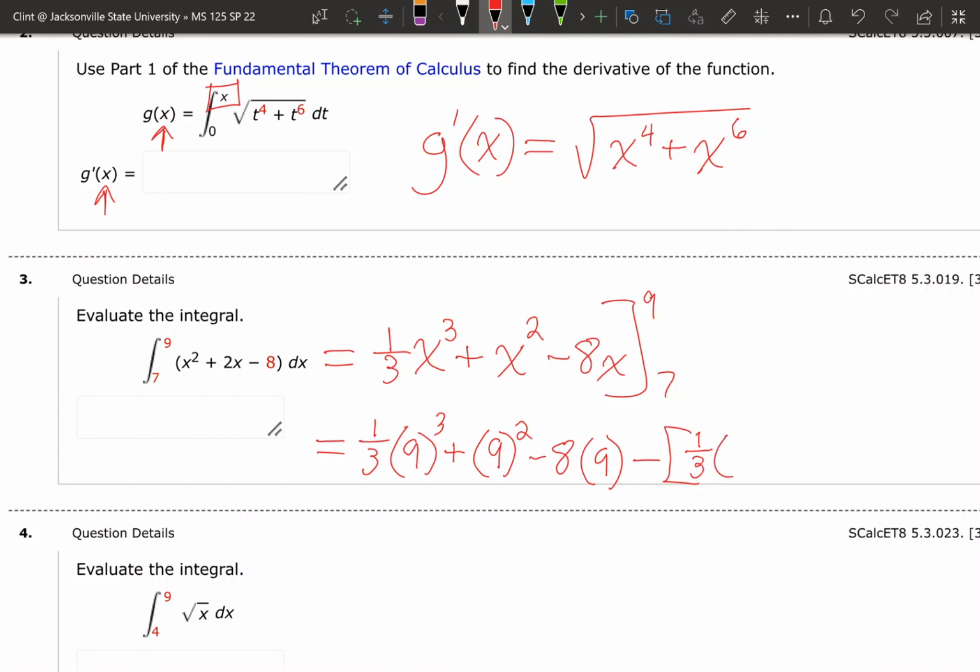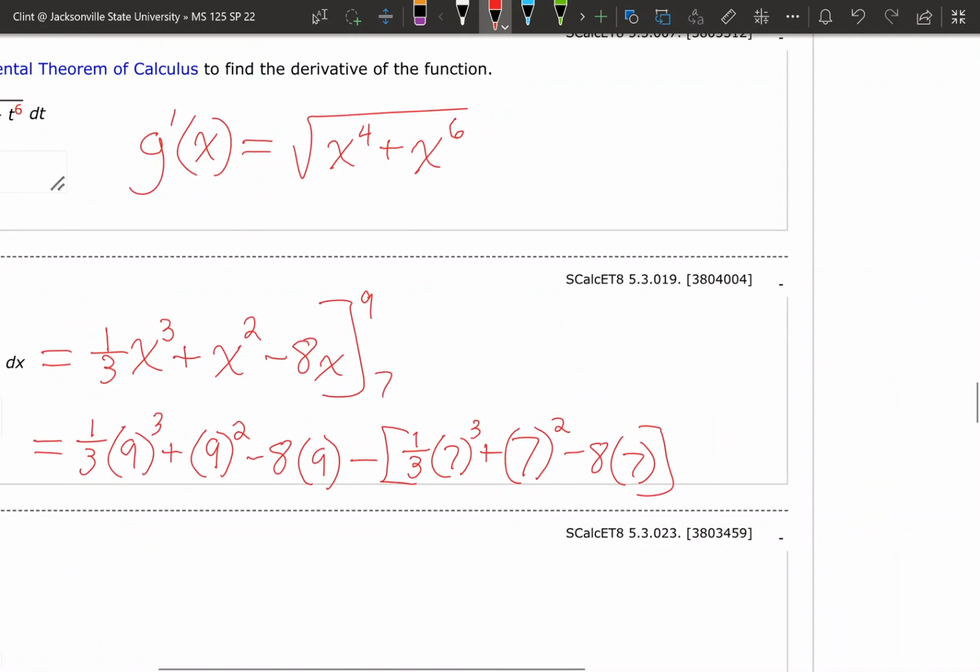And use the bottom number. And then it's fine if you want to just go to the calculator there. I'm going to do the first group and then the second group, so it's easier to check if we get different answers.